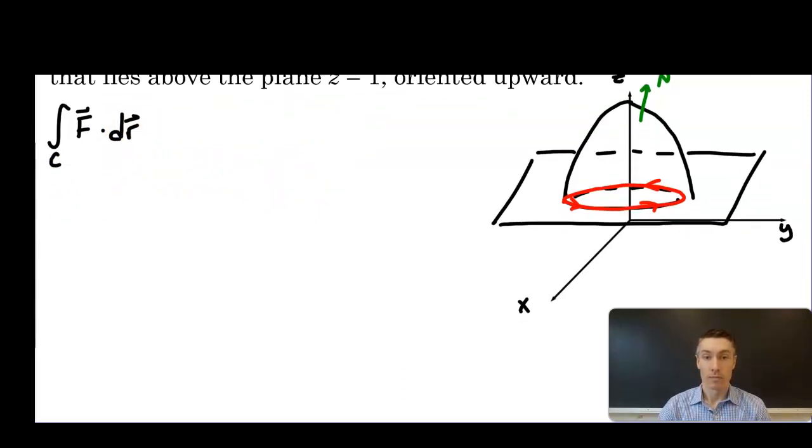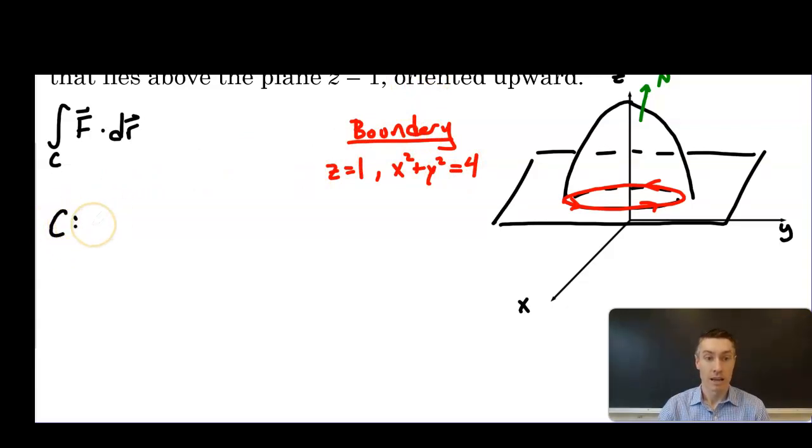Okay, so the boundary, that's going to be in the plane z equals 1. And if we're in the plane z equals 1, the circle is x squared plus y squared equals 4. And we're going to combine all of these pieces to parameterize that boundary curve.